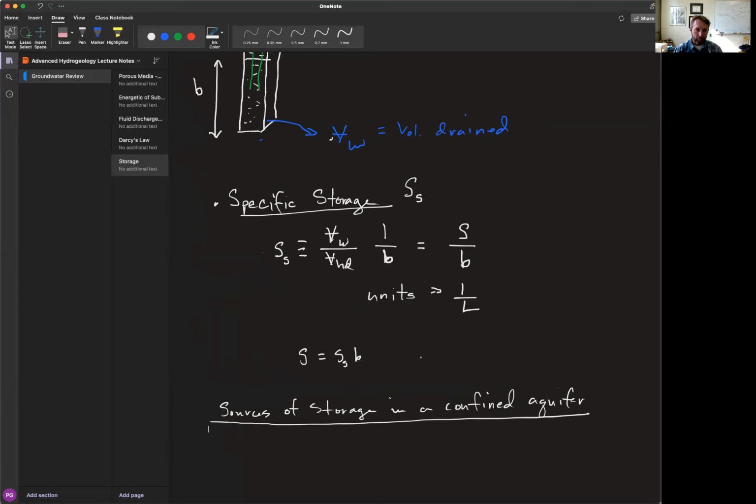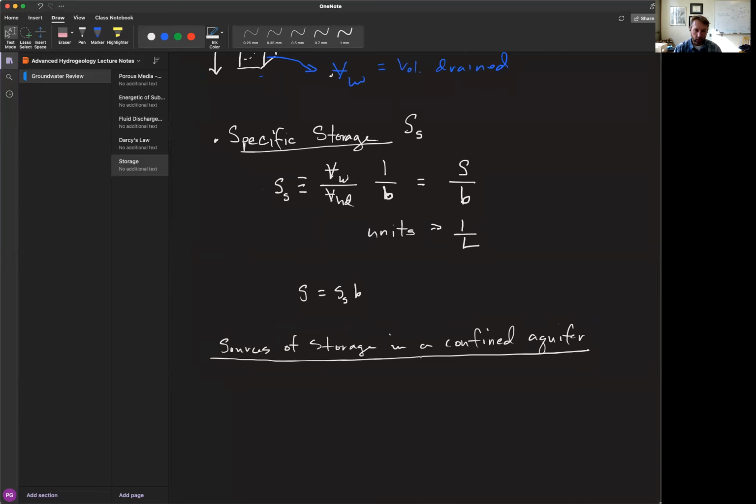I can pump water out of this aquifer and I will not initially drain the pores, all right? And the reason for that is that as I lower the pressure in the aquifer, my porous media compresses, right? So my porosity gets smaller, and my water, as I depressure it, expands a little bit.